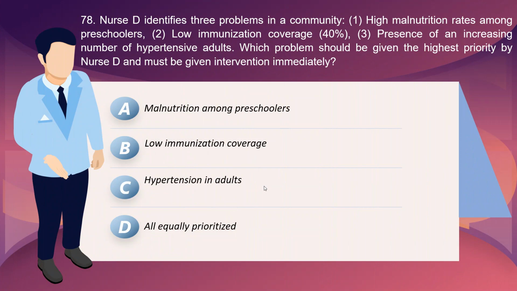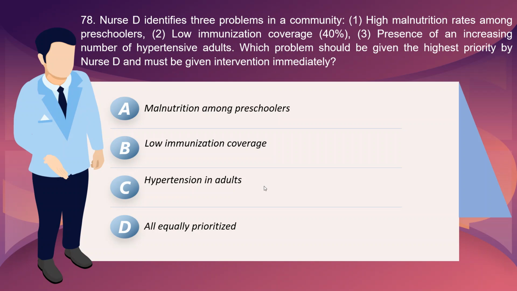Of course, we know that we need to check the priority setting framework that includes the magnitude, the severity, the feasibility of interventions, and of course public concern. So if there is a problem with priority, you focus on low coverage, which risks outbreaks with rapid, severe impact, and at the same time prevention is highly feasible and can be effective compared with other specific problems.